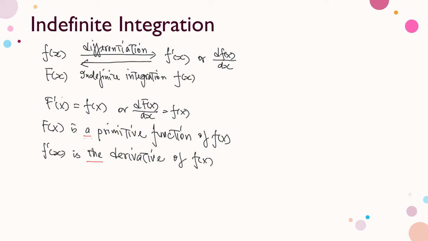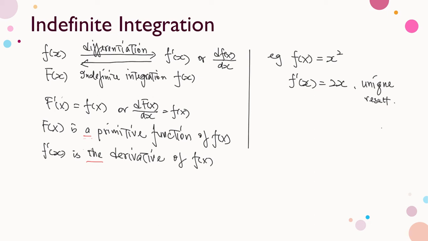A simple example can illustrate this. Suppose f of x equals x squared. Whether by first principles or formula, we have f prime x equals 2x, a unique result.